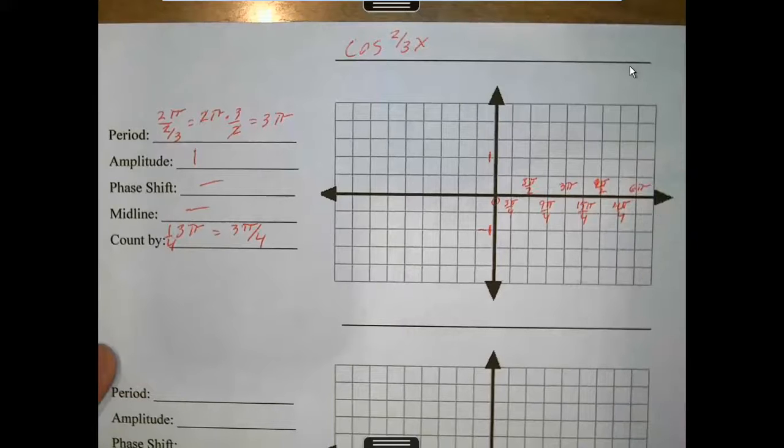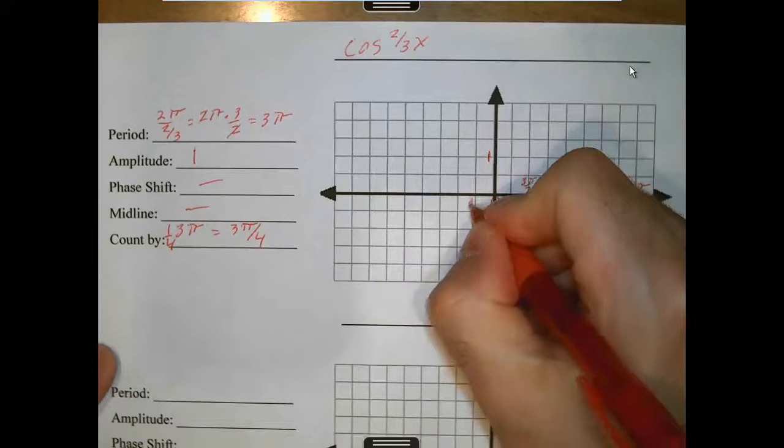Now I have all my positive values. Now I can do my negative values because I just write the same numbers and make them negative. Easy enough. So let me do that real quick.